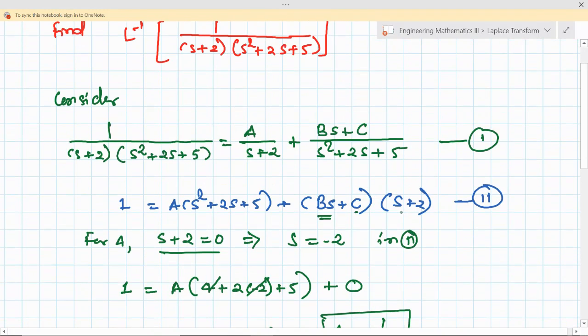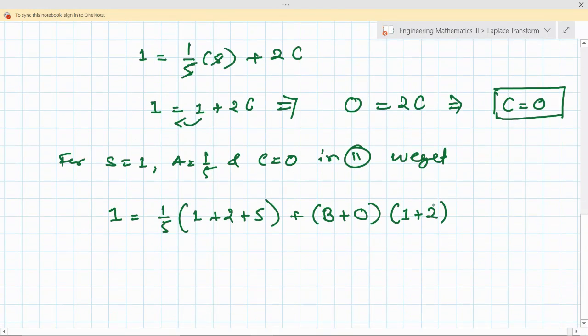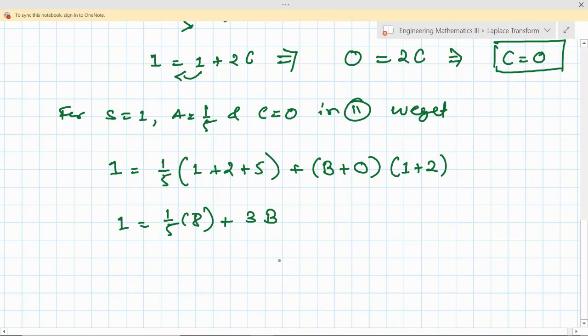Here c is 0. Just calculate this. What I get, see, 1 is equal to 1 by 5 as it is. 2 plus 1 is nothing but 3, 3 plus 5 is 8, into 8, plus it is 3b, because c is not there. 1 plus 2 is nothing but 3 into b is 3b. Okay, so now 1 minus this is nothing but 8 by 5. This is equal to 3b.